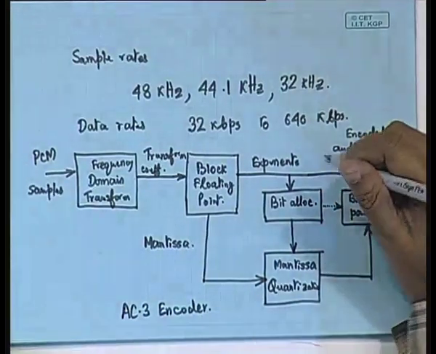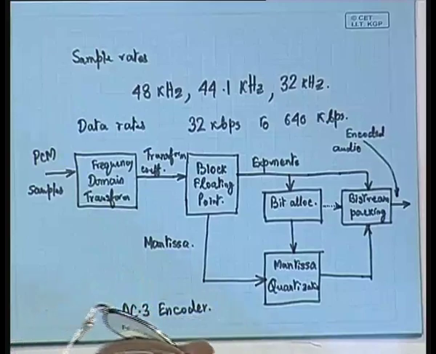Now, instead of sending the bit allocation information directly, in the AC3 encoding the parameters used for the bit allocation are first extracted, and those parameters can be encoded with fewer bits. So, the bit allocation information is not sent directly into the bit stream, but in fact a parametric approach is taken.